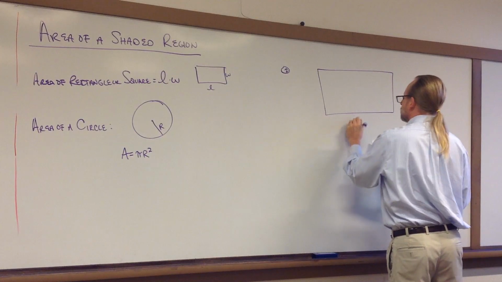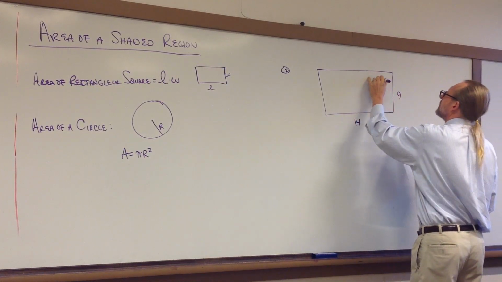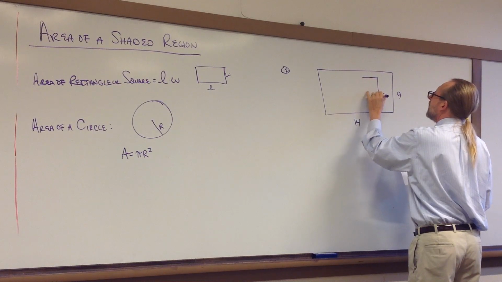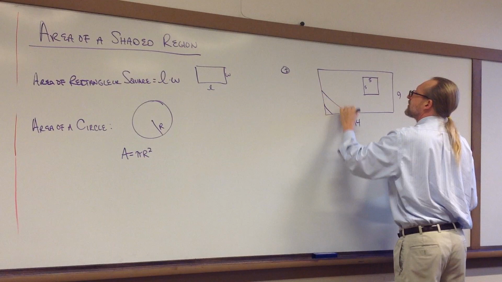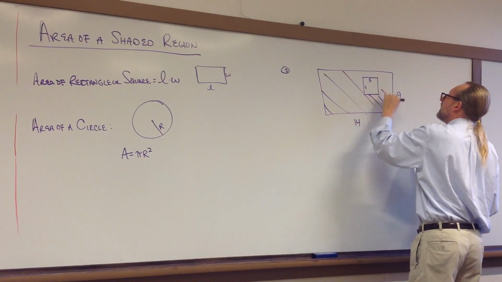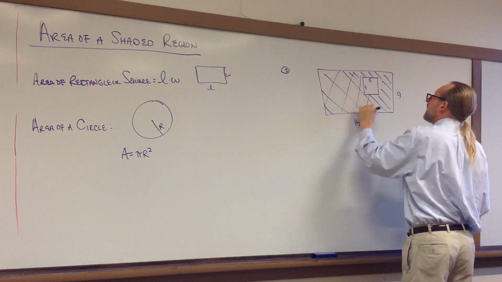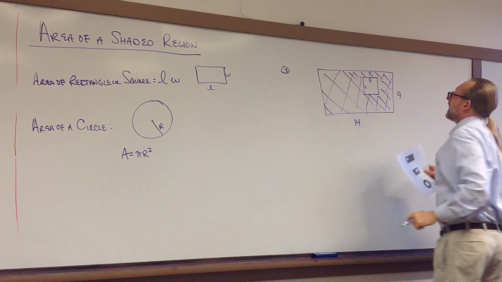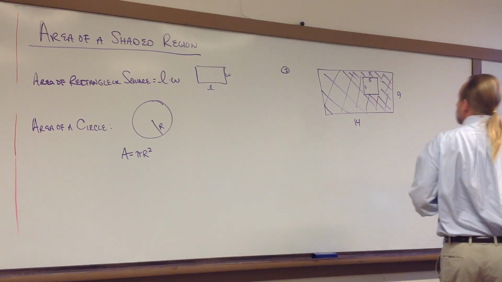One of them is 14 by 9, and this is a square up here that's 5 by 5. And the shaded region that we're interested in is the big rectangle with that little square cut out of the middle of it.